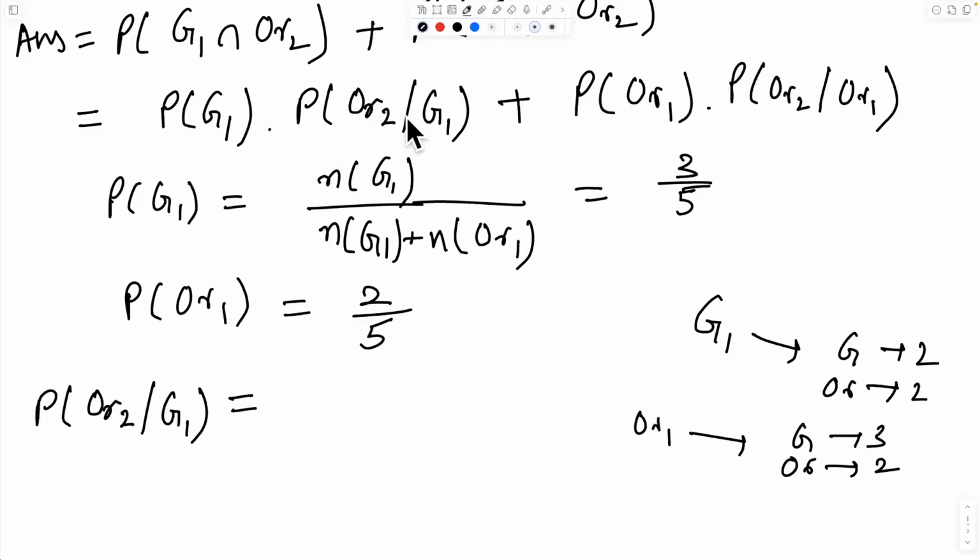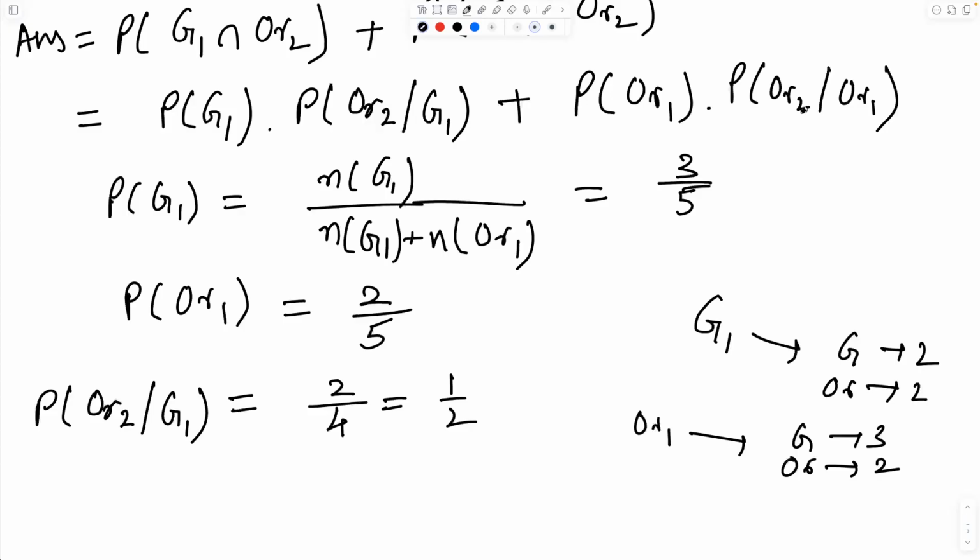So how are you going to find this? Given G1 has occurred, the number of balls of both types are going to be 2 and 2, right? And we are trying to find the probability for an orange ball being taken out in the second attempt, right? So that is going to be equal to what? 2 by 4, that is 1 by 2, right? And what is the probability for this event, that an orange ball has been drawn both times, right?